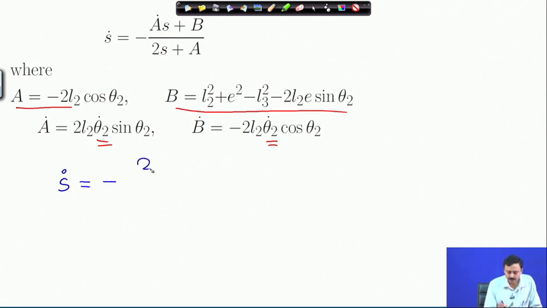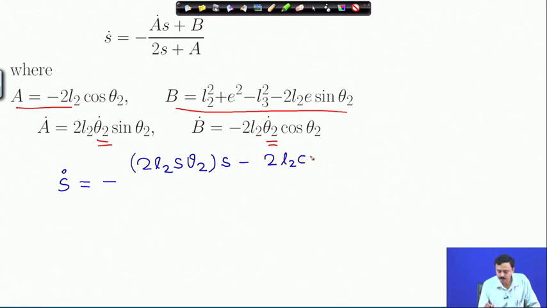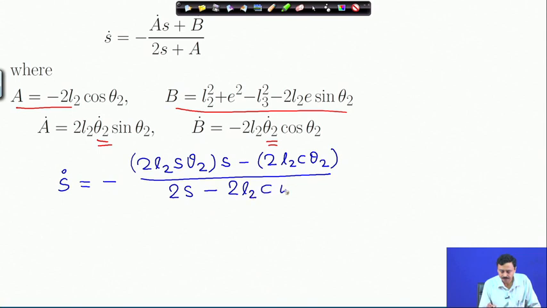you have 2 L 2 sin theta 2 s, and I want to pull out theta 2 dot, so I will write it later, minus 2 L 2 cosine theta 2, whole divided by the denominator, and this whole thing is multiplied by theta 2 dot.